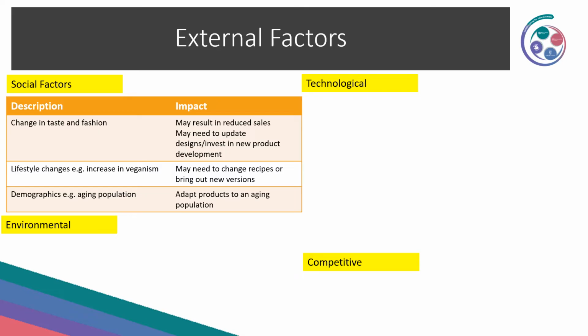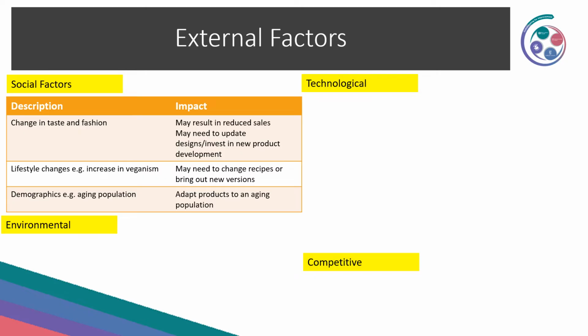Similarly, lifestyle changes, for example, there's a big increase in healthier living or veganism, and so businesses may need to change or adapt the recipes to bring out new versions so that they keep their customers excited, or they actually gain new customers. So for example, there's a well-known supermarket slash clothing brand.